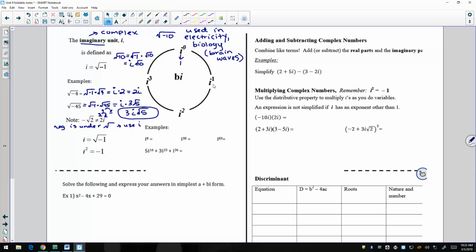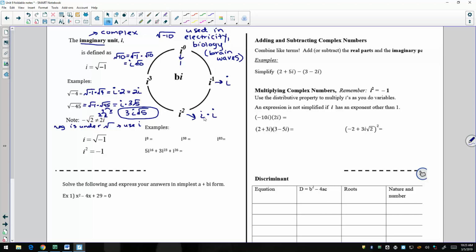i to the first is just i. If you have i to the first, you don't have to write it, that's just i. Now i squared can be written as i times i.